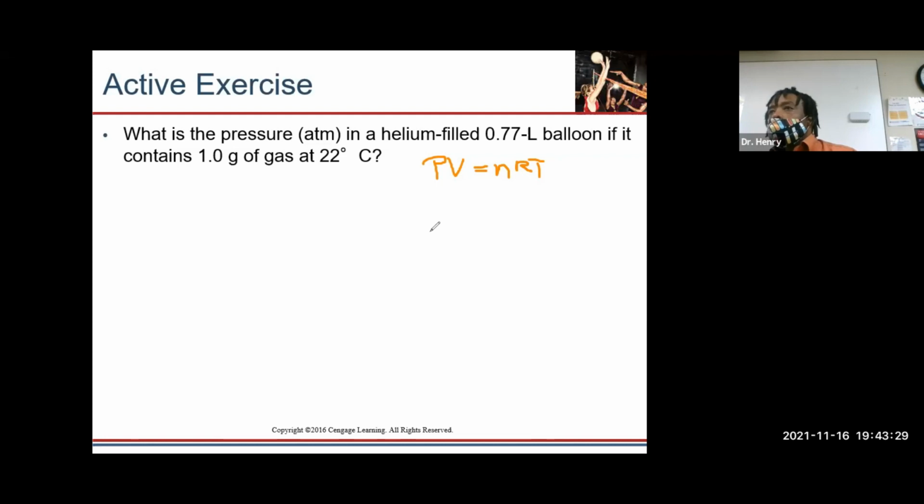We're given grams, so instead of n, we're going to put mass divided by molar mass, and we're going to solve for P.